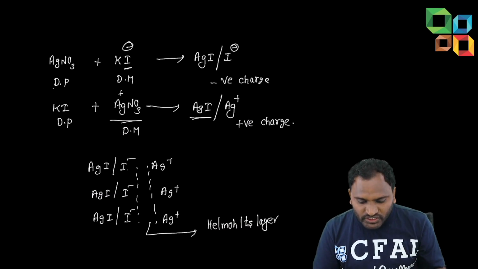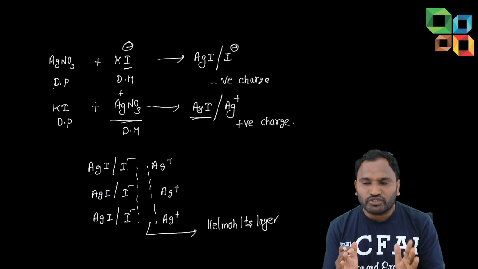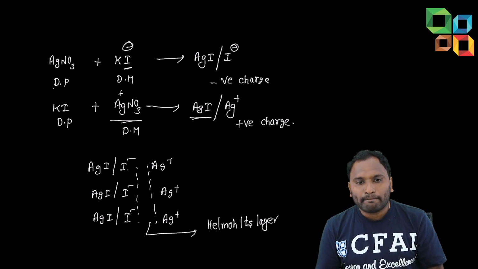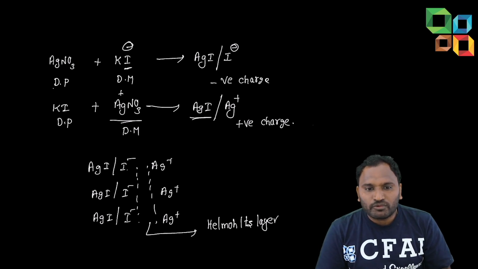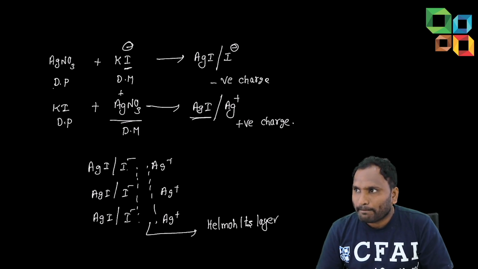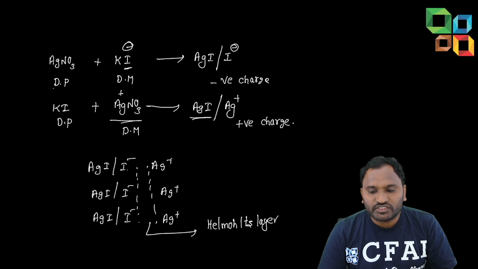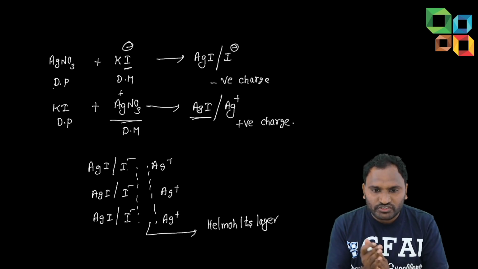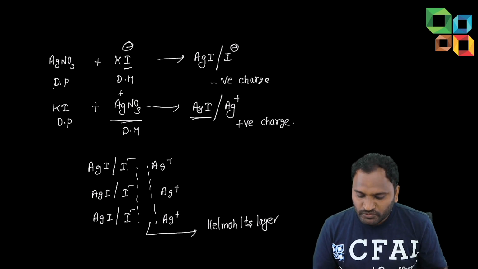When positive and negative charges interact with each other, there will be a small potential difference. That potential difference is called zeta potential. It develops between the positive and negative charges.